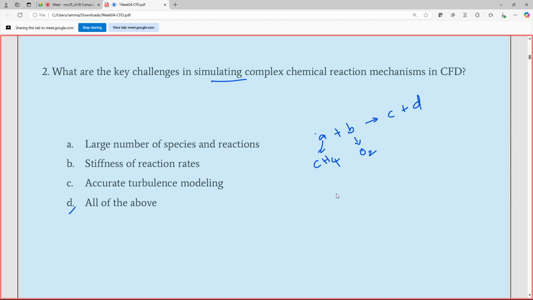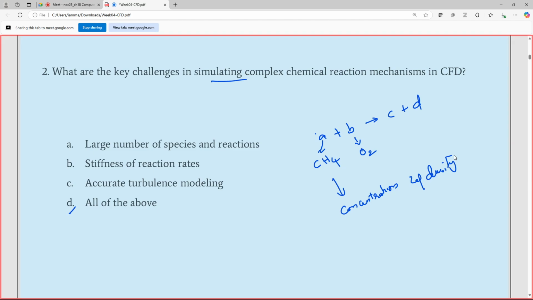Since in our CFD we deal with density and velocity for mass flow rate, these species should be written in terms of concentrations and density, which in turn makes the modeling difficult and also increases the computational cost.